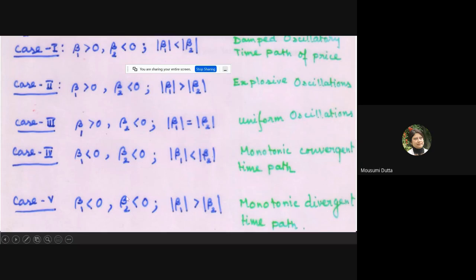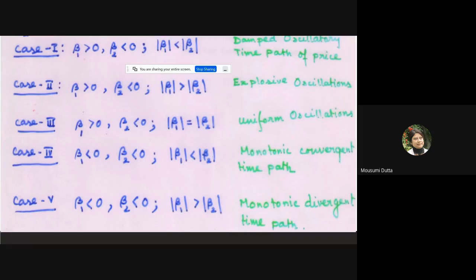We can extend the analysis considering both the demand and supply curves are positively sloped. And then mod beta 1 less than mod beta 2, mod beta 1 greater than mod beta 2. So we can go on like this and check all possibilities. What will be the nature of the time path for all these varieties?